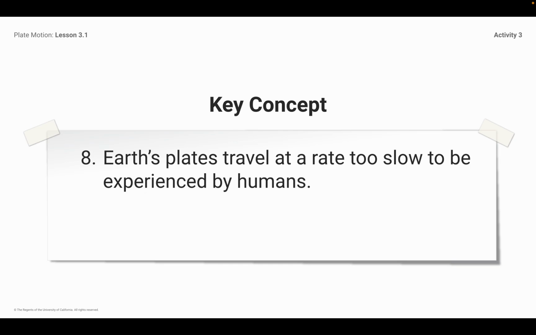So you know those questions that you had on your test where one person is freaking out because they're afraid the continents are going to crash into each other? You can tell them, first of all, they're not going to crash into each other because they're already next to each other, next to the plate boundary. But plate motion happens at a rate too slow to be experienced by humans. It's happening right now. You don't have to worry about it.